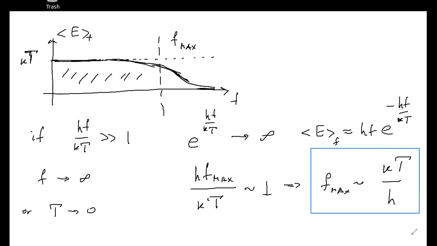And I want to spend a little bit of time to show you that the total energy is proportional to temperature to the power 4. This is what's called the Stefan-Boltzmann law. Then how can we get the total energy?